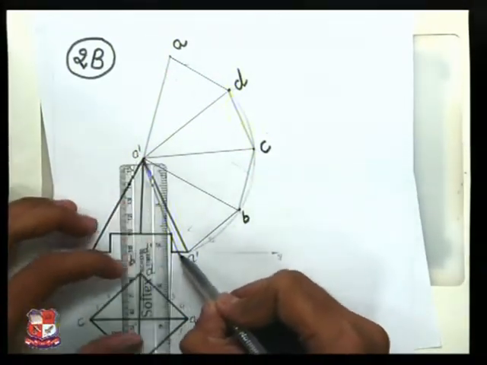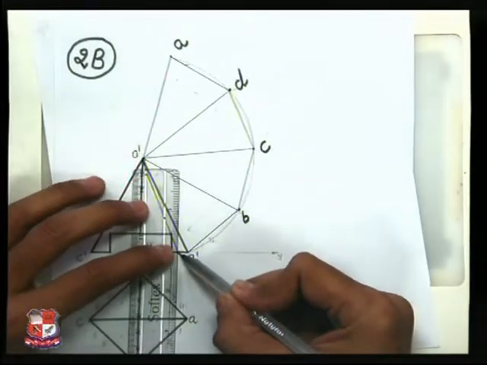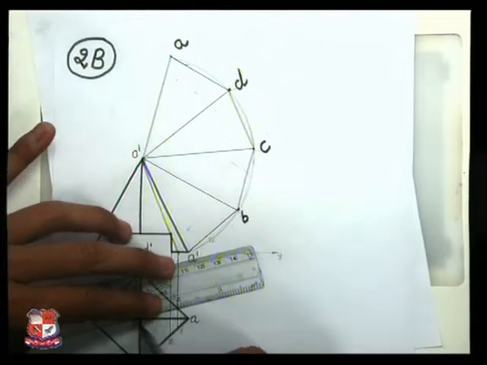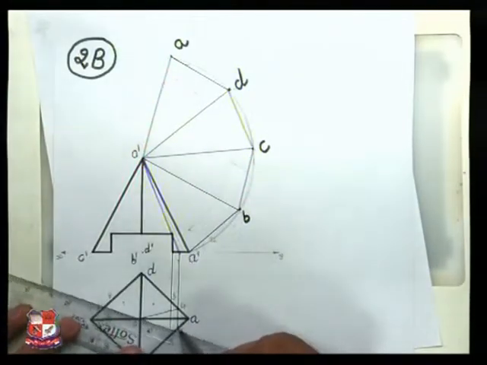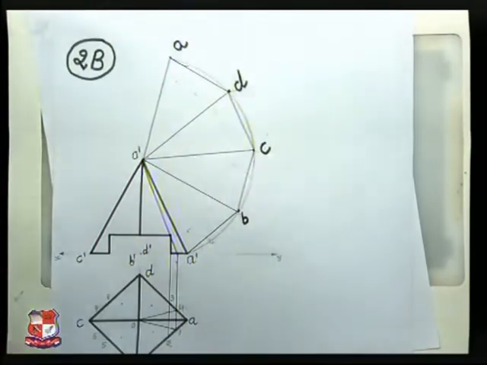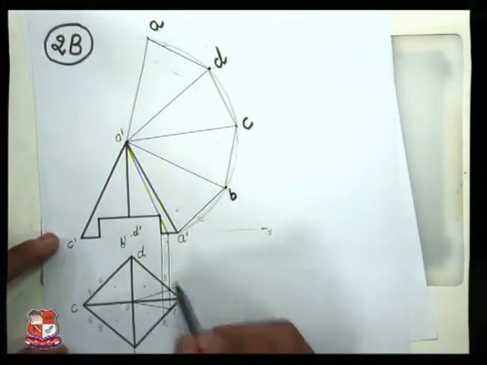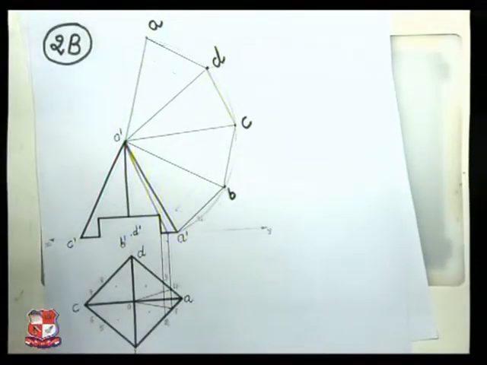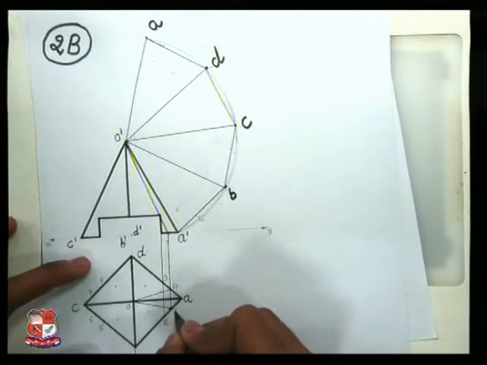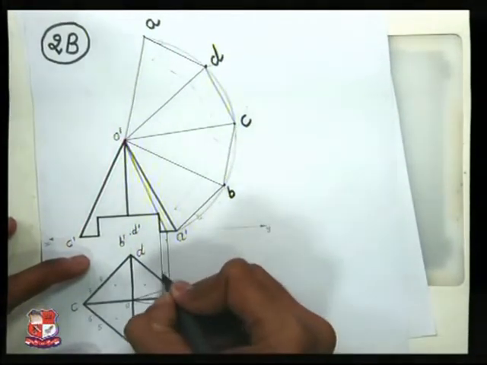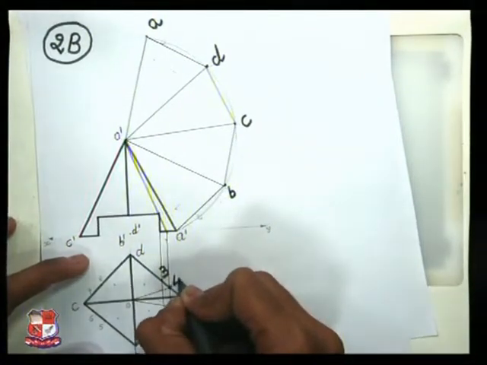So for that, transfer this point to its top view like this, and join this point to apex point O and this point to apex point O. Now to locate these points in this developed portion, let me name this point as point number 1, this is point number 2, this is point number 3 and this is point number 4.